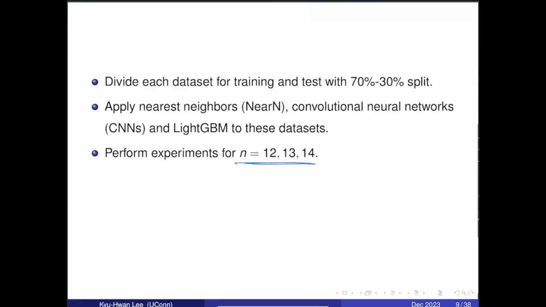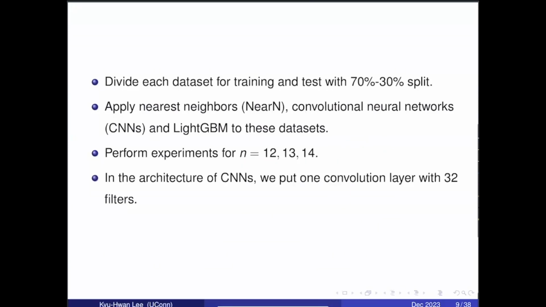Of course, we can do more, but soon it becomes very difficult because the size of the data set becomes larger and larger. In the architecture of the CNNs, we put only one convolution layer with 32 filters. So the design of this neural network is very simple. It's not a complicated neural network.